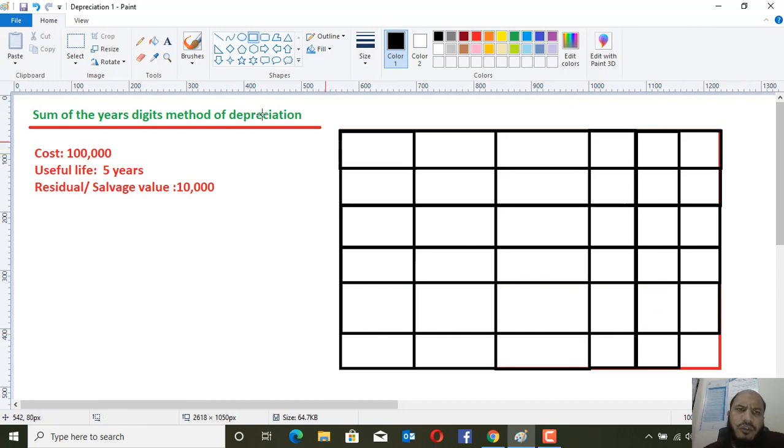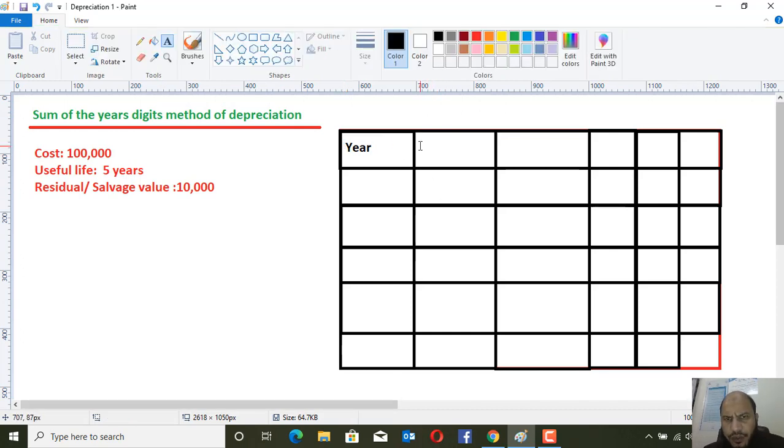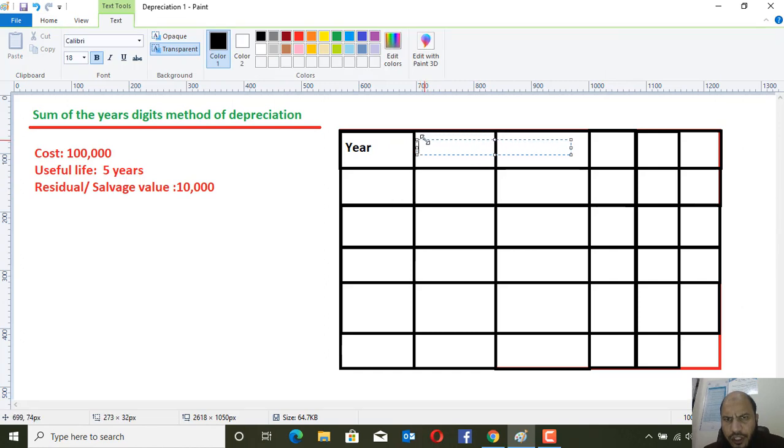Now we will write down the title of each column. So column 1 is for the year, and the second column is for the depreciable cost. Some of the authors also call it the depreciable base.